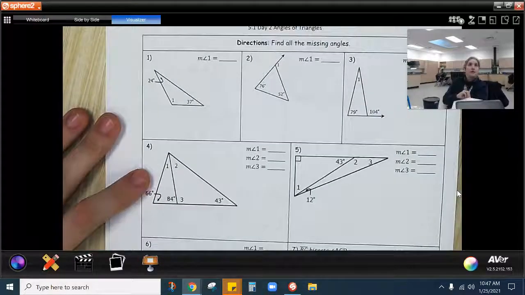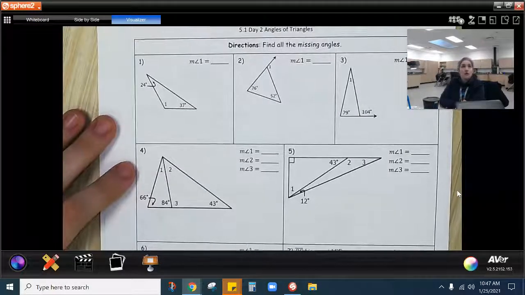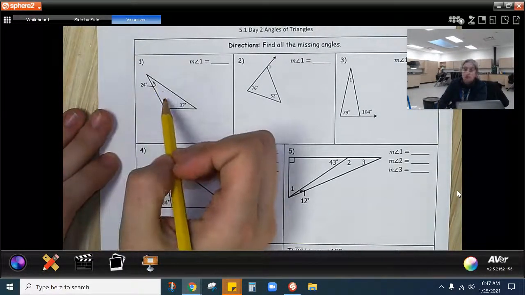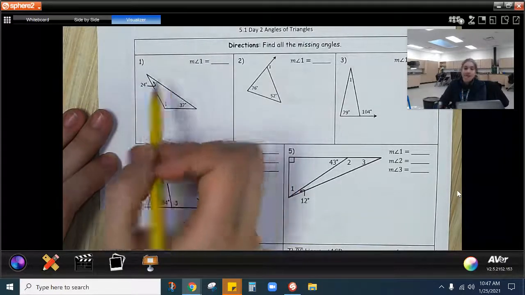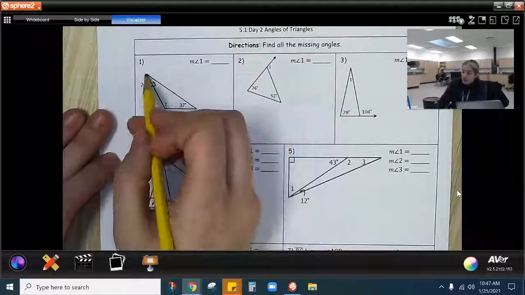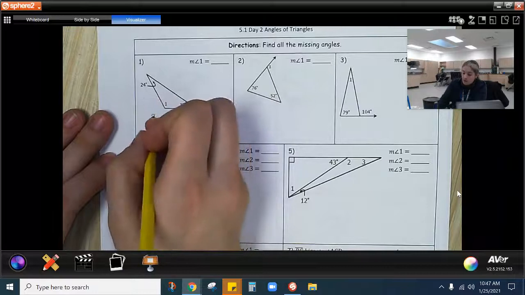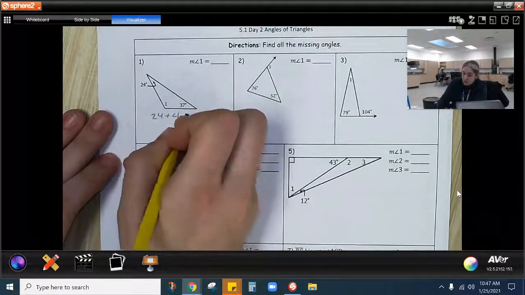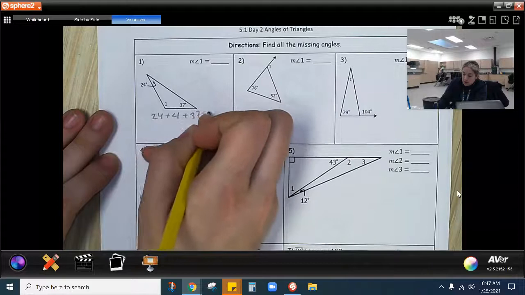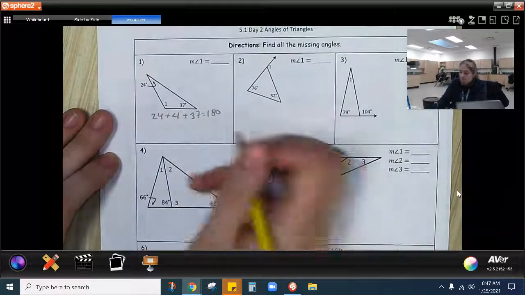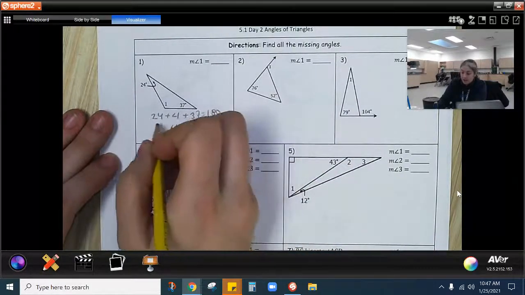So for our first one, right up here, we want to find all of the missing angles. Well, we know that all of the interior angles add to make 180. So I don't have any points here. That means I can just write down 24 plus angle 1 plus 37 is going to add to make 180. So I'm going to combine my like terms.